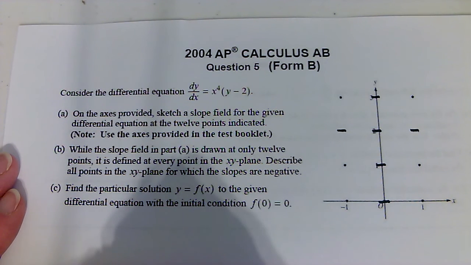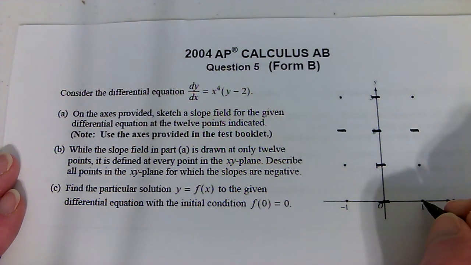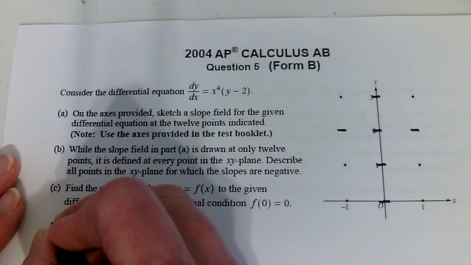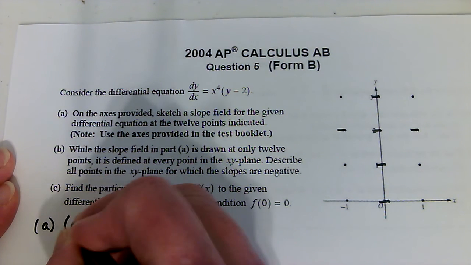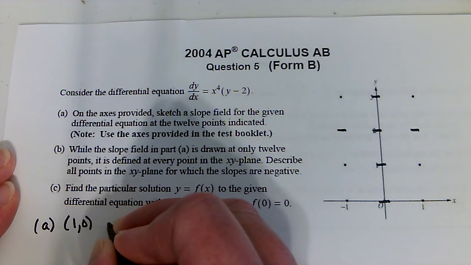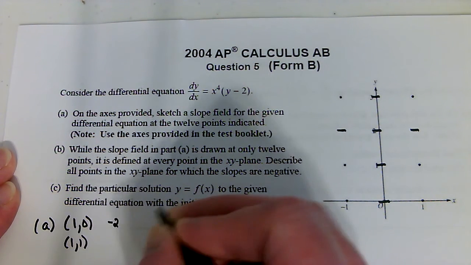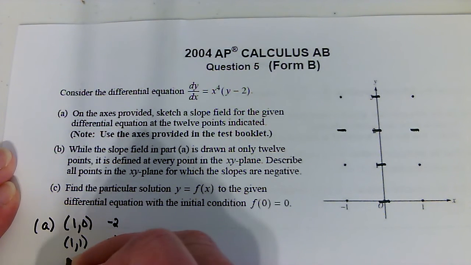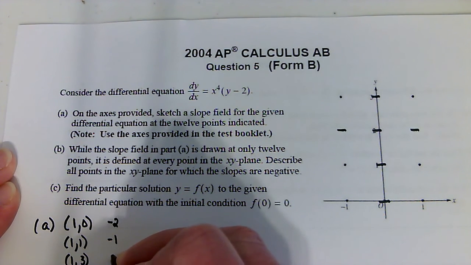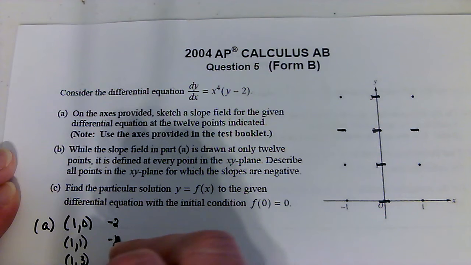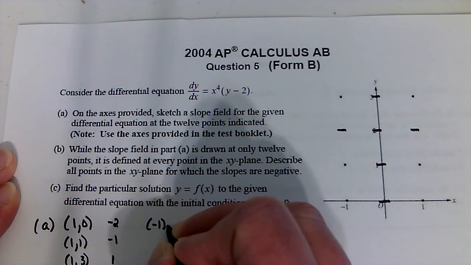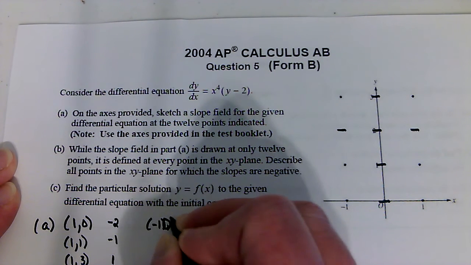Now I can plug in some other points. When x is 1 and y is 0, so on A, when we have 1 comma 0, we'd have 1 times negative 2, that'd be a negative 2. 1, 1 would be negative 1. 1 and 3 would be a 1. Okay, I'm also going to check negative 1, 0.